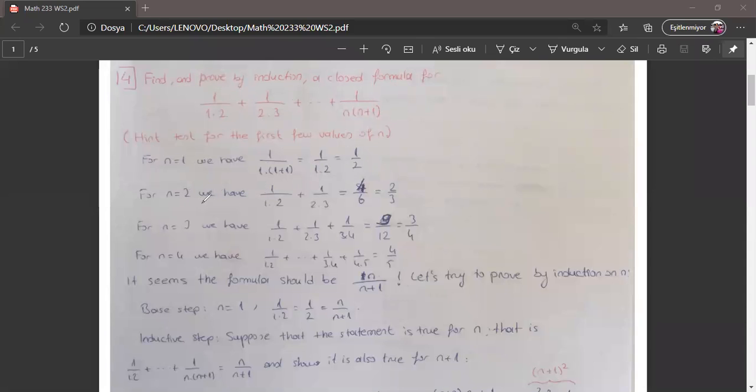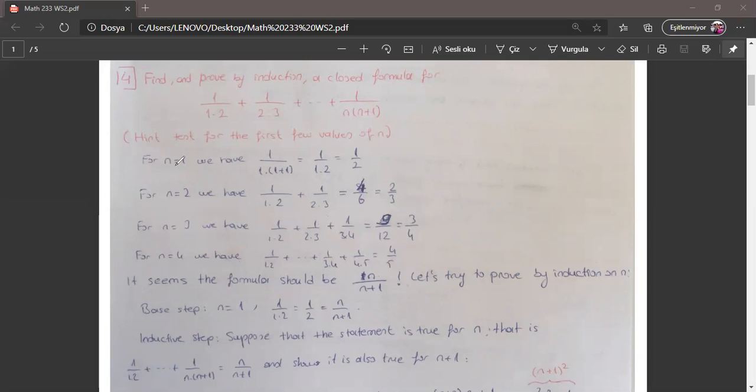For n equals 2, what do we have? Here we have 1 over 1 times 2 plus 1 over 2 times 3, right? When n equals 2, it gives us 2 over 3. For 3, we get 3 over 4. For n equals 4, we get 4 over 5.